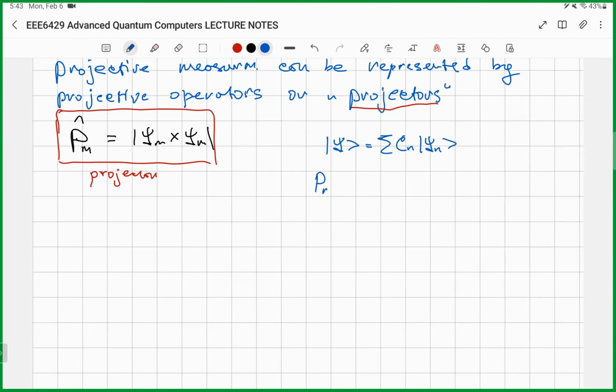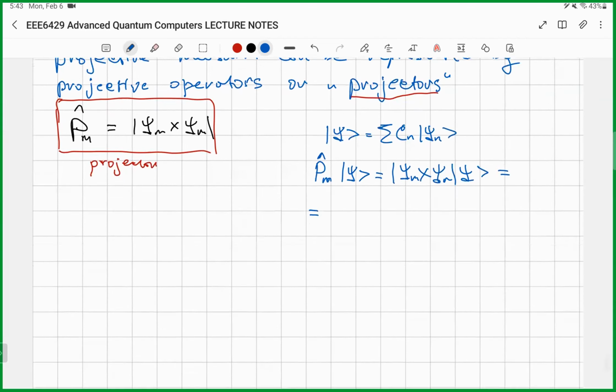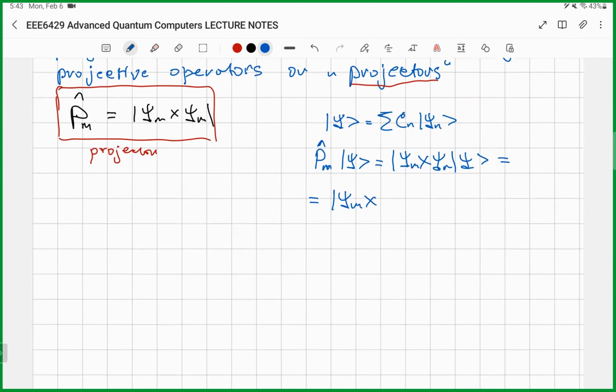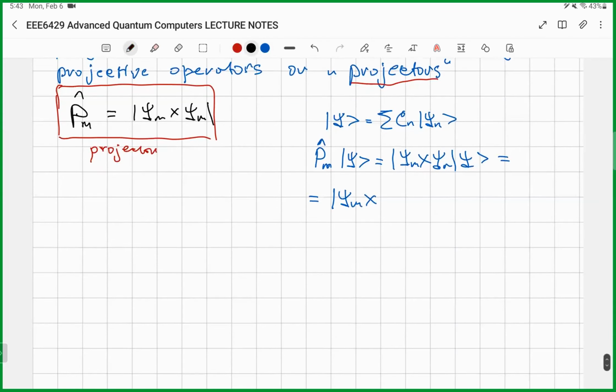So what I do, P_m on state psi, and it's equal to this psi m, times the inner product of psi m with psi, right? And it's equal to this psi m. Then I can plug in this formula here instead of psi, and what do I get? Oops.